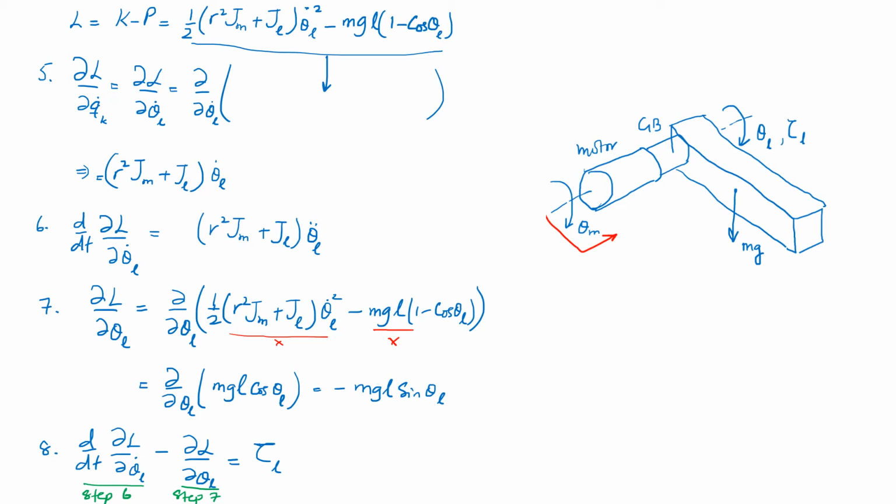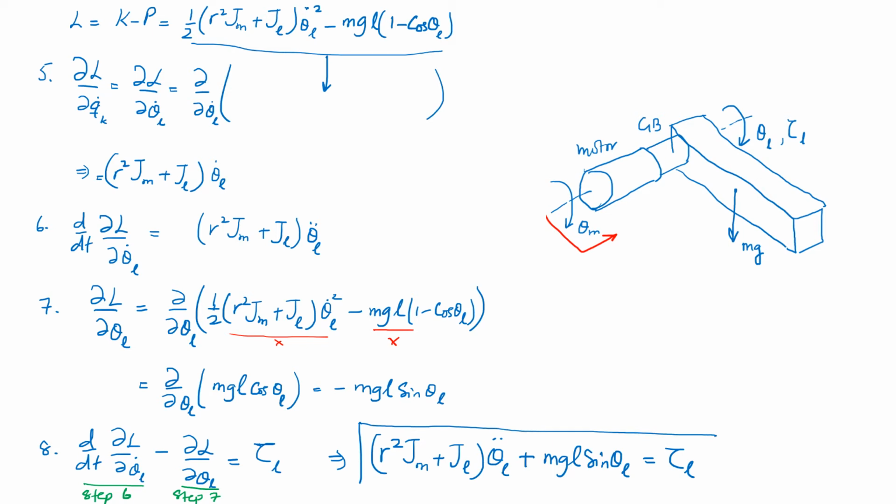So this would mean that (r squared Jm plus Jl) times theta L double dot, minus minus, plus mgL sine of theta L is equal to the generalized force or torque, which in this case is simply, because the link is rotating and the motor is applying the torque after the gearbox right on the link, going to be tau L. So this is the equation of motion.